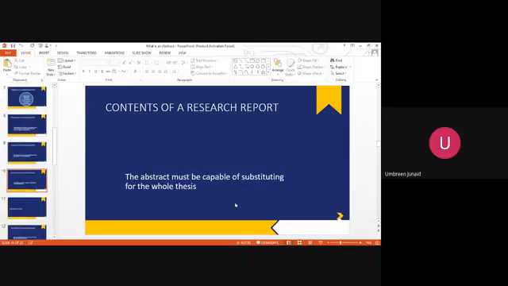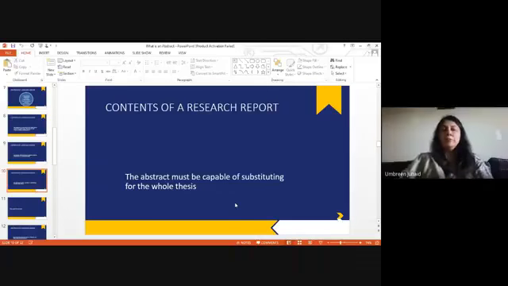The abstract must be capable of substituting for the whole thesis. Now, this is a very big statement, because if someone reads only your abstract, your abstract must be strong enough that it must be capable of substituting your whole thesis.